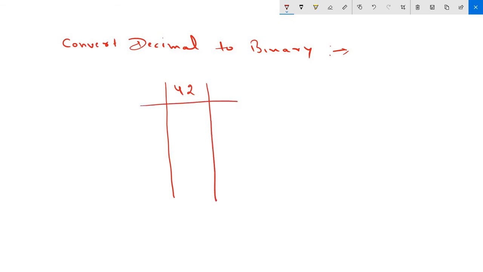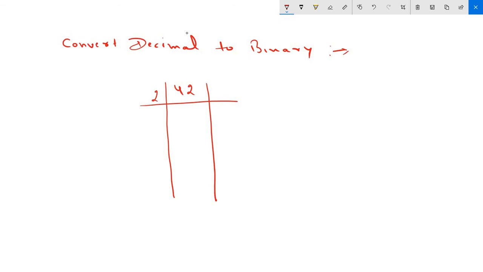How to convert a decimal number to a binary number? We can divide the decimal number by 2, because 2 is the base of the binary number system, and we write down the quotient here and the remainder here. So for example, divided by 2.